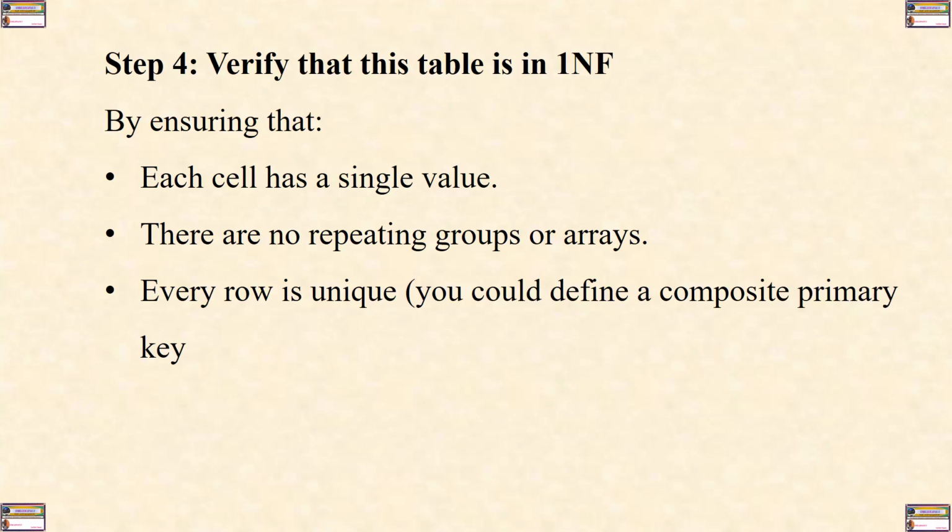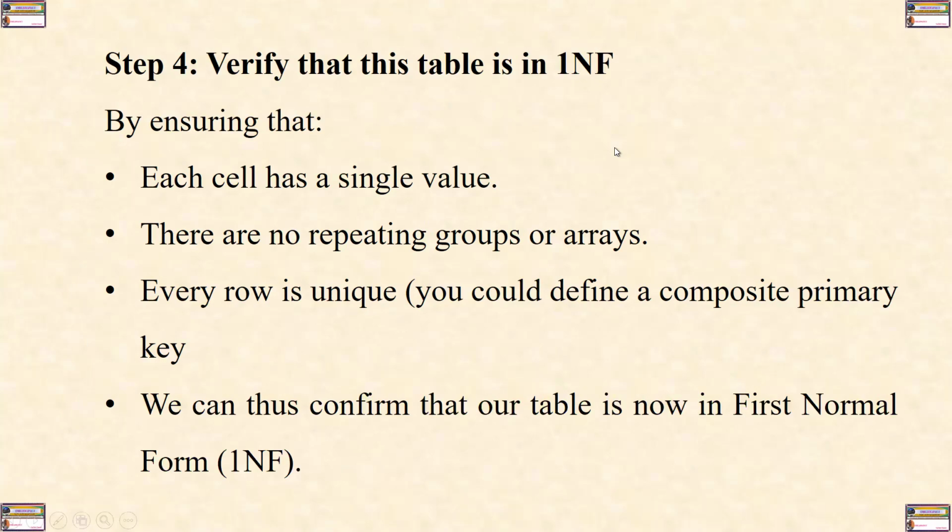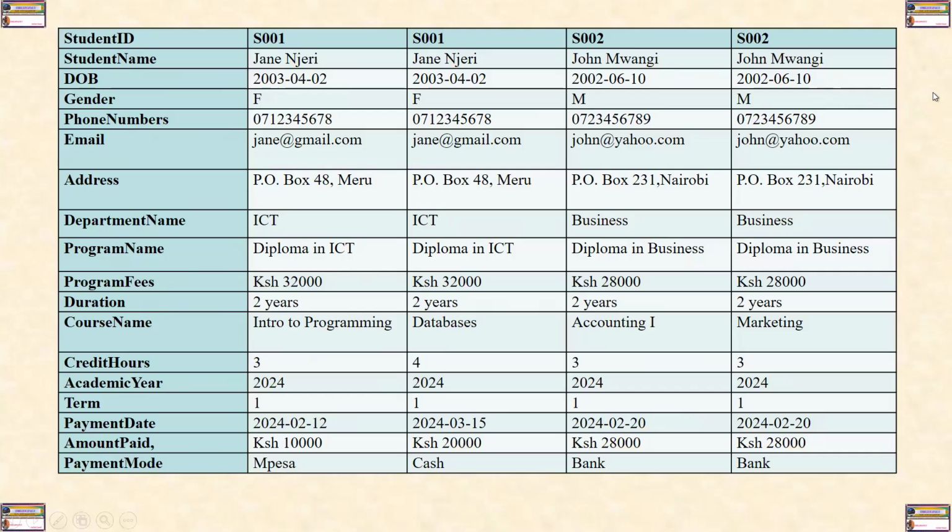Then you also ensure that every row is unique. You could define a composite key. What I mean is that every row should have something different from the other rows. If you check each student here, we have certain rows. Like S001, Jane Jerry, is having this row and is also having another row, or call them records. But they are not the same 100%.